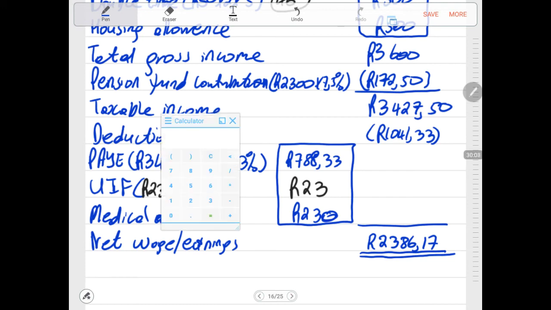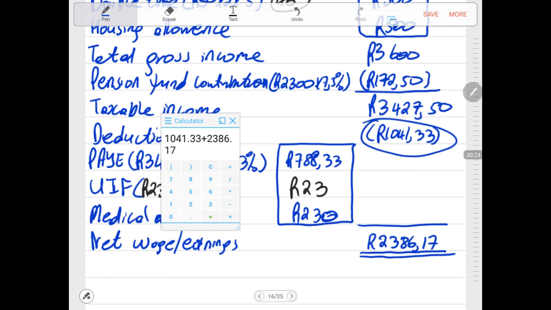Now, if we look at the deductions, our deductions are a total of 1,041 rand 33 cents, plus the net wage, which is 2,386 rand 17 cents.